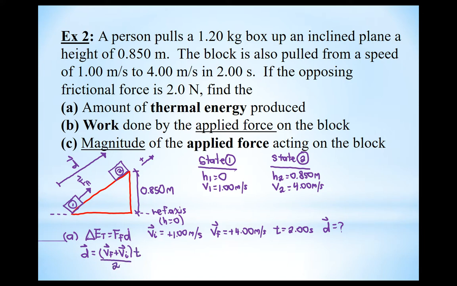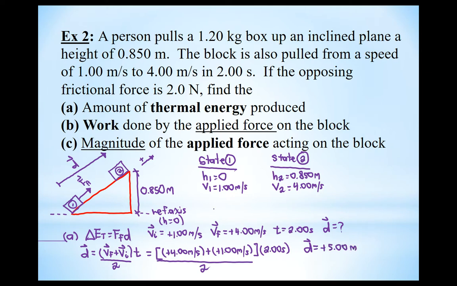Let's plug the numbers in. That's positive 4.00 meters per second plus positive 1.00 meters per second, divided by 2, multiplied by the time, 2.00 seconds. And I get my displacement, up the incline, of positive 5.00 meters.